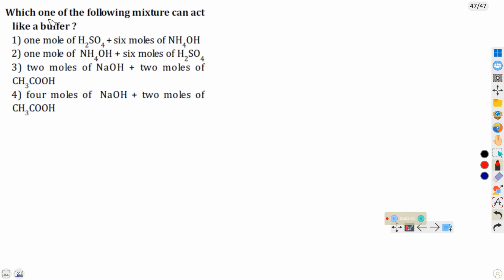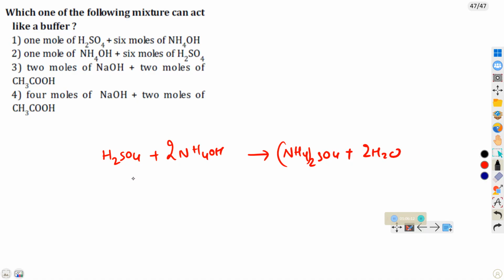Which one of the following mixtures can act as a buffer? Take first option. H2SO4 reacts with NH4OH, then it gives (NH4)2SO4 plus H2O. 1 mole of H2SO4 requires 2 moles of NH4OH.